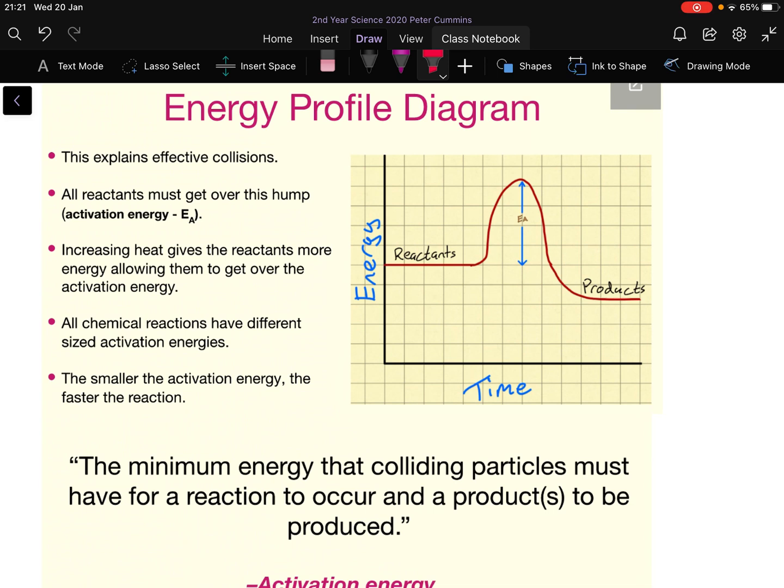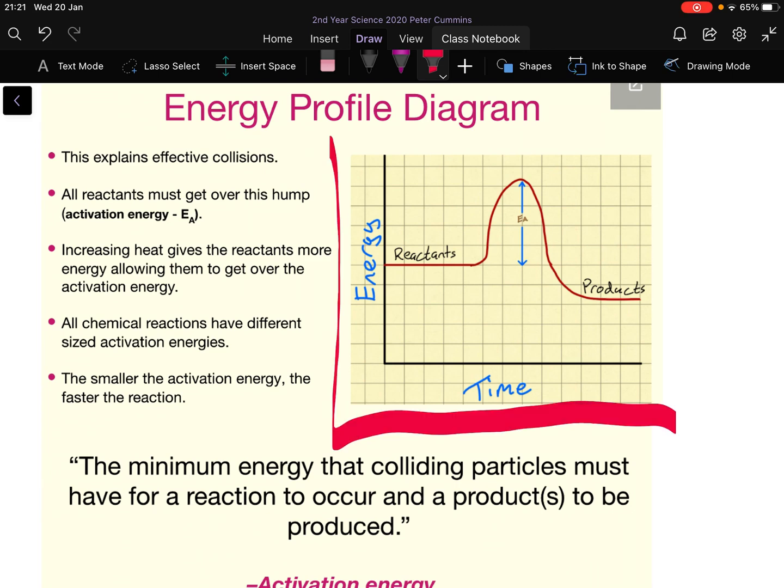This kind of thing, these diagrams here, energy profiles, they've only put these into the course in the last couple of years. So if you start off with what you had at the beginning, you had iron and sulfur going along here. You added heat, you got over the hump, and you found iron sulfide.